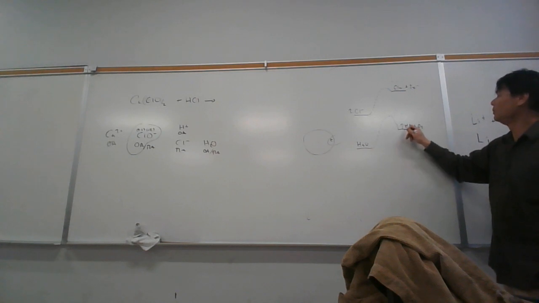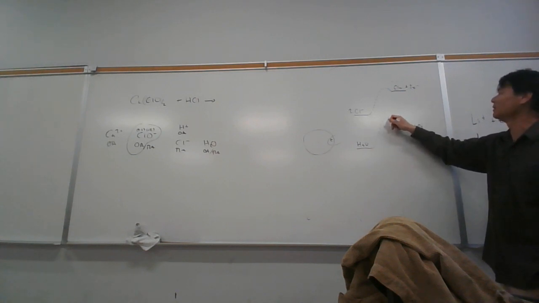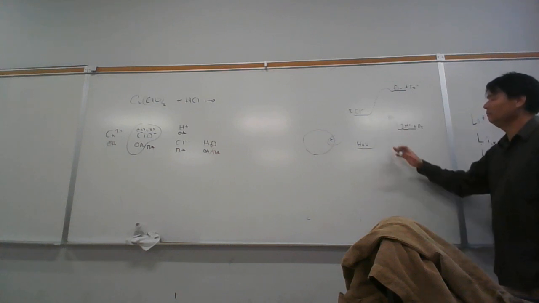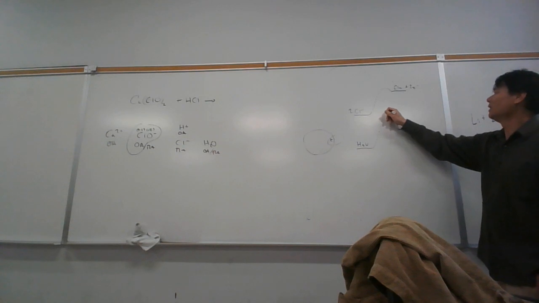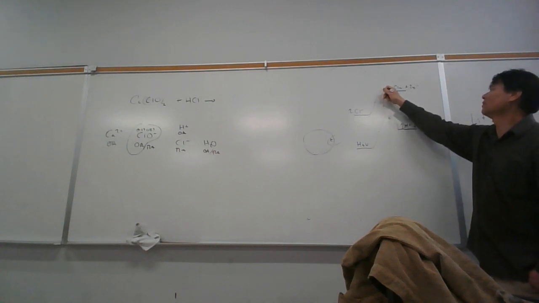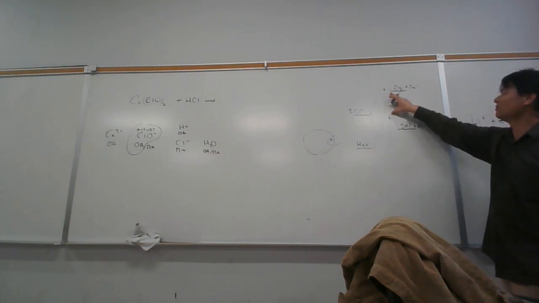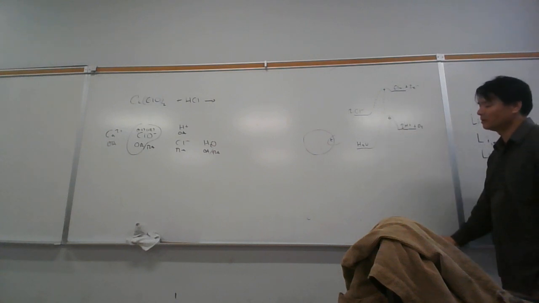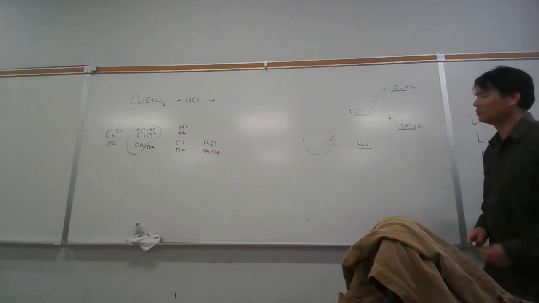And so doing all this bond breaking requires a greater initial investment. And plucking off the electron of chloride requires a smaller initial investment, but the return here is going to be greater, in other words.